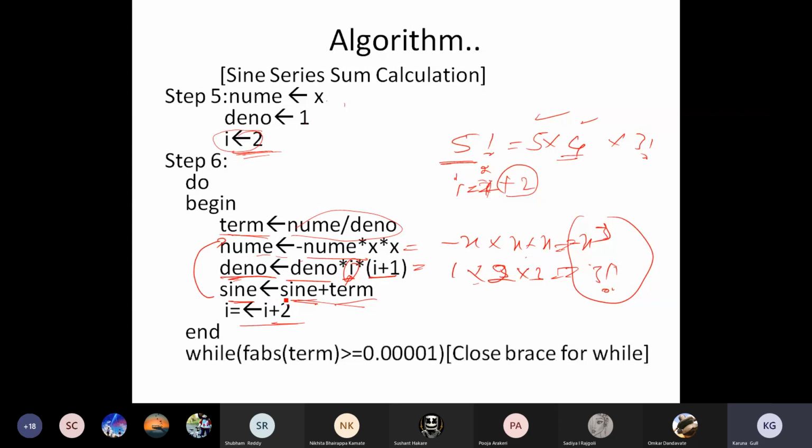So how many digits do you want? 1, 2, 3, 4 digits after the decimal point. That much accuracy we are interested in.